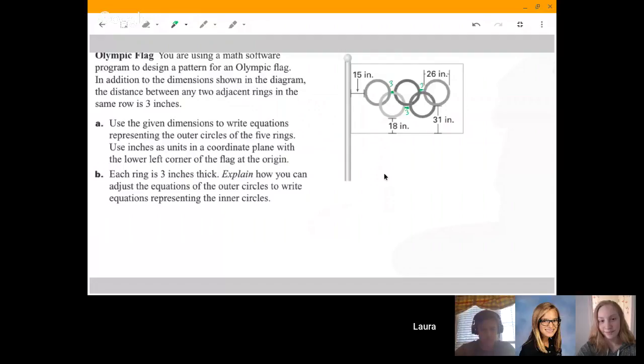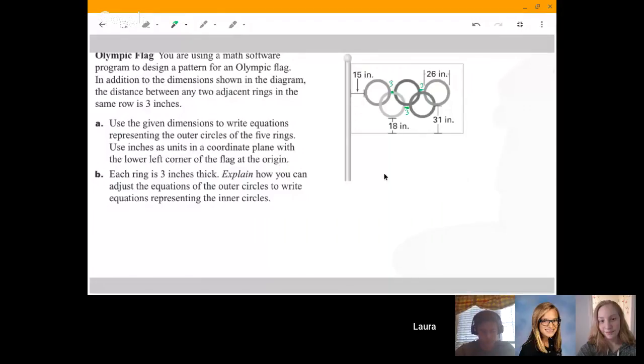So for part A, use the given dimensions to write equations representing the outer circles of the 5 rings. Use inches as units in a coordinate plane with the lower left corner of the flag as the origin. So here's the origin.